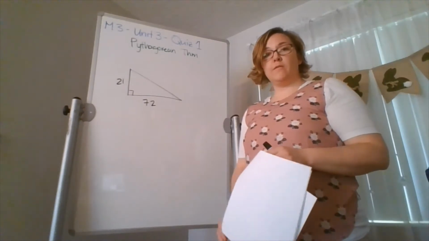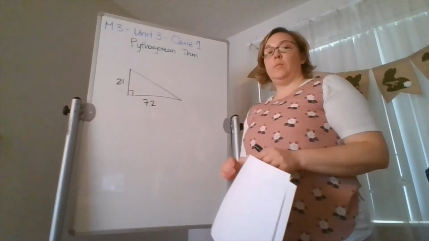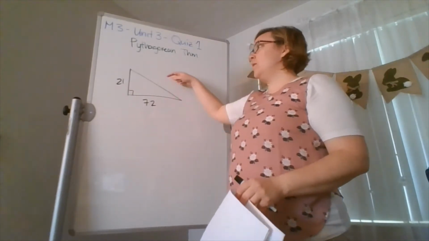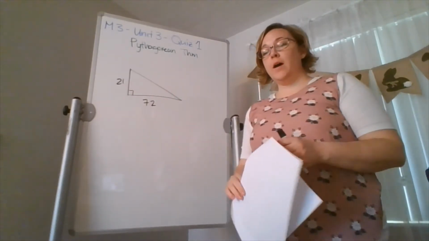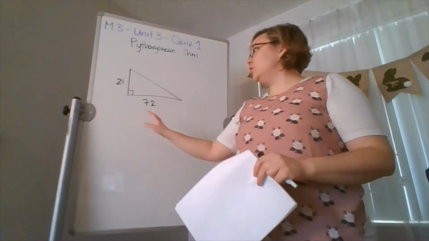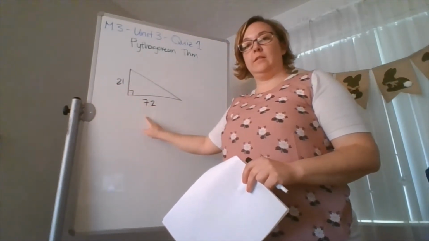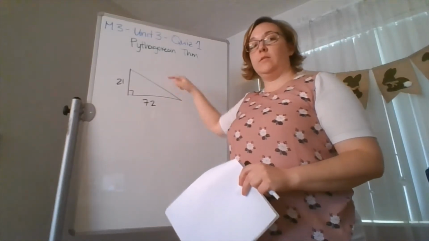Okay, so let's go through our first example of the Pythagorean theorem. If we are given these two sides of our triangle, we want to find the third side, which is our hypotenuse. Remember that the sum of the squares of our legs equals the square of the hypotenuse.